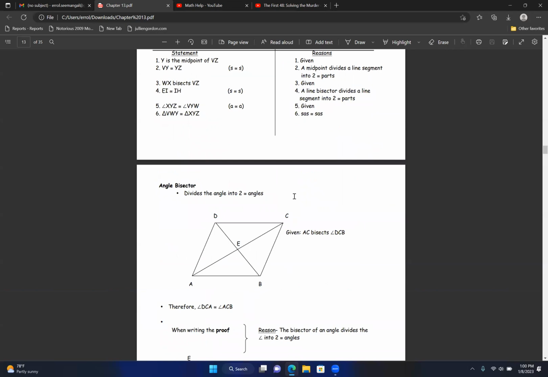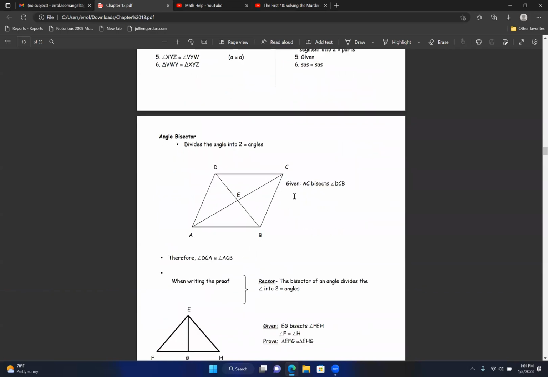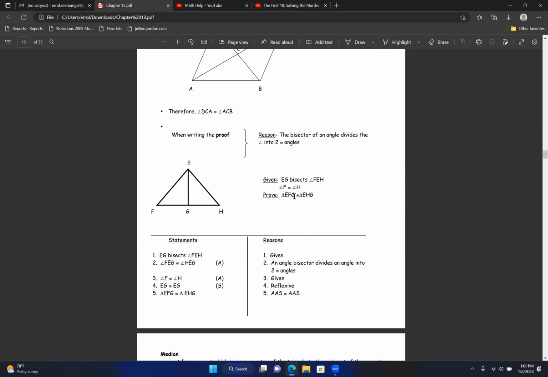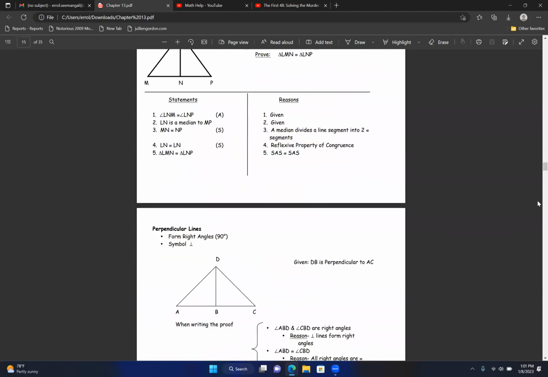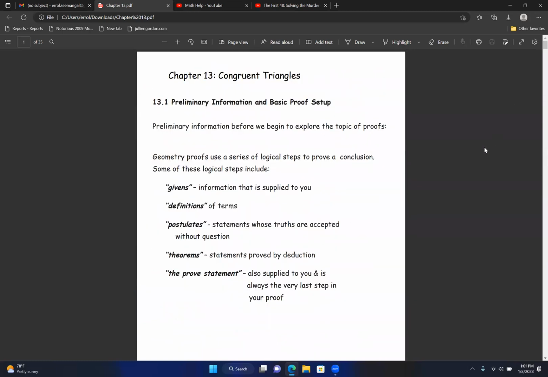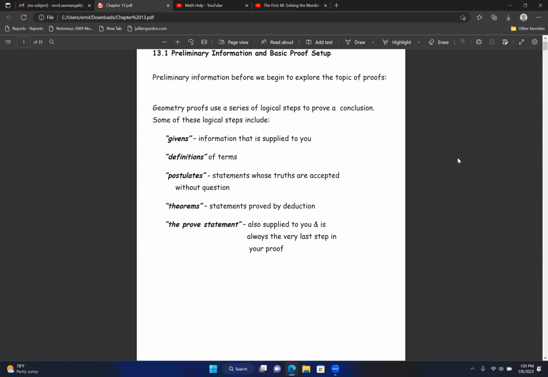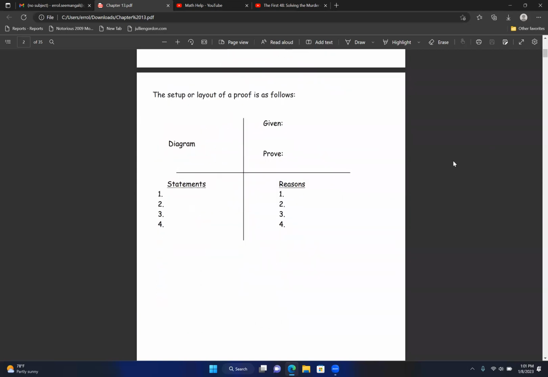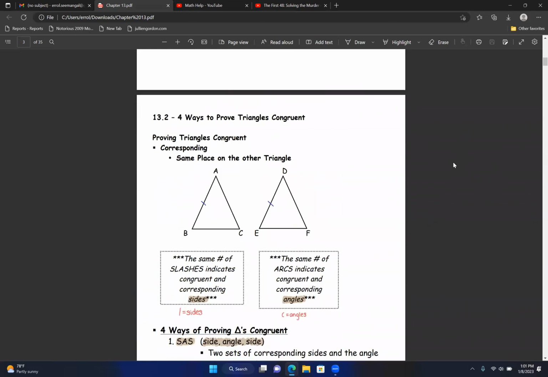We worked on the first two, but everything else we didn't do. Like the reflexive property of congruence and vertical angles. Okay, vertical angles are just opposite angles, right? Yeah.